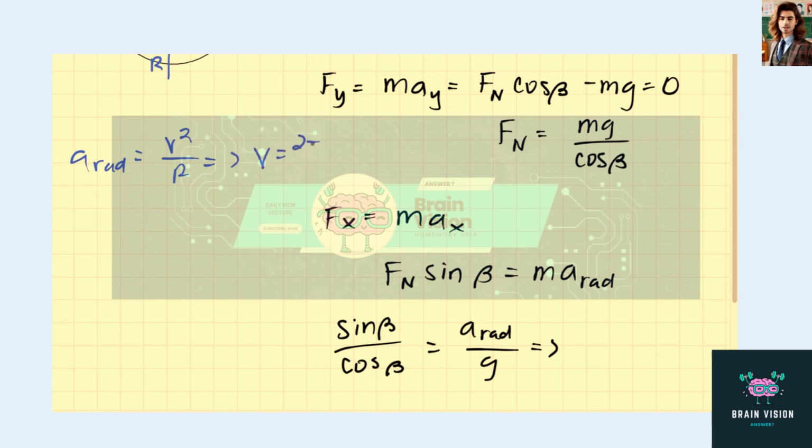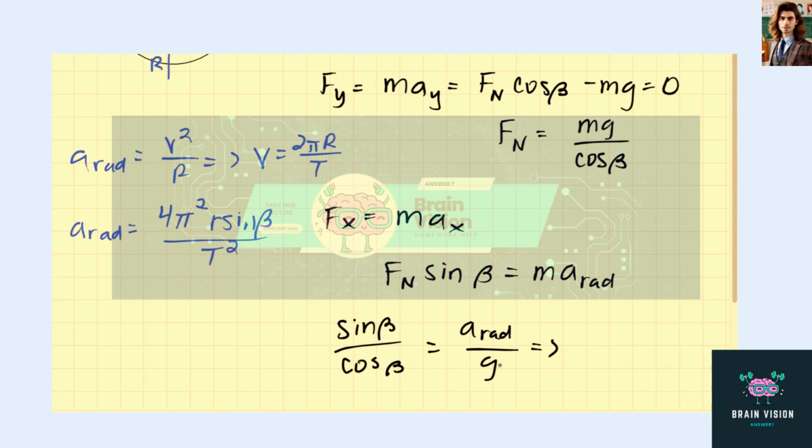So v is equal to 2 pi r over the period. So that gives us that the radial acceleration is 4 pi squared, and then this r in the denominator will cancel one of these r's when it's squared. So r sine of beta over T squared.